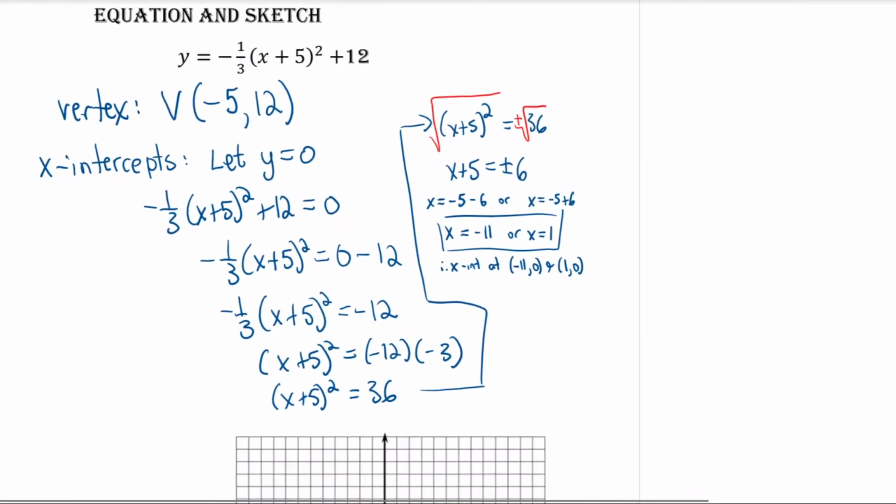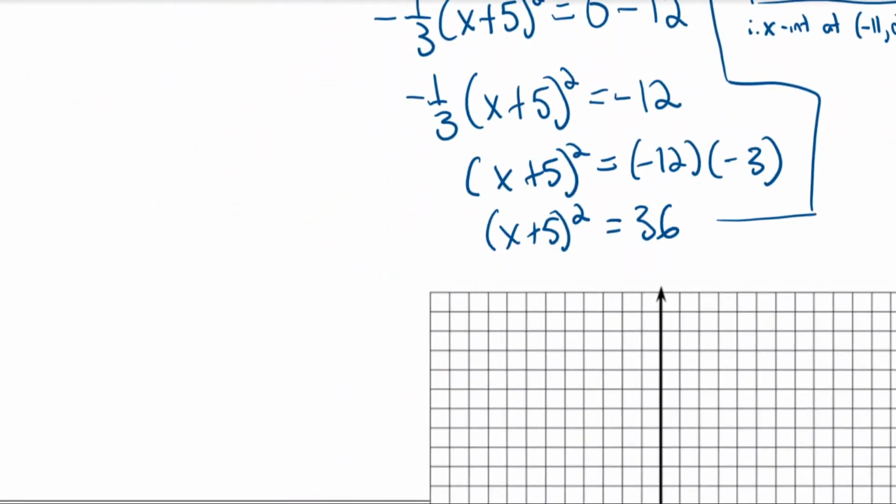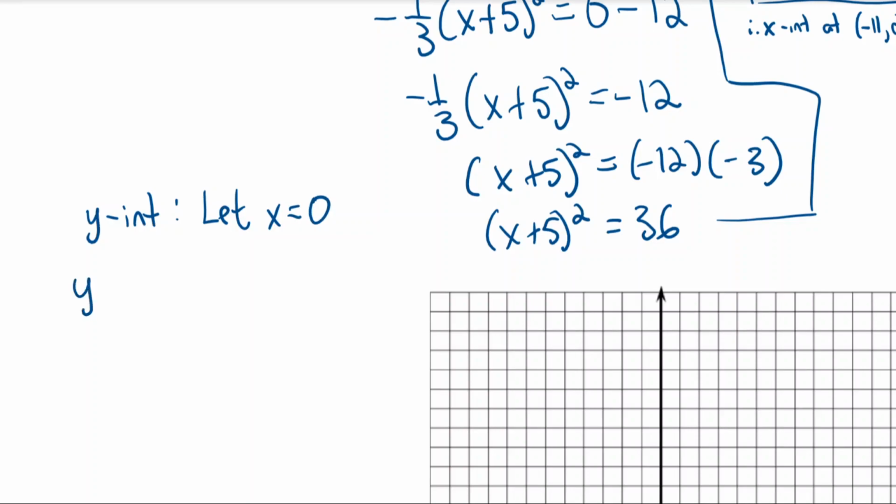We also need to know a useful characteristic of the y-intercept. So let's do that in this space here. So for the y-intercept, this time we let x equal 0. All right, our equation is now y equals negative 1/3 times our x value, which is 0 plus 5, squared, and then we've got plus 12.